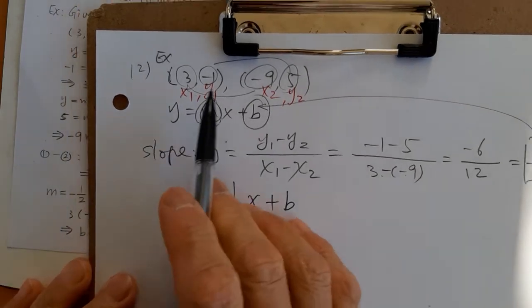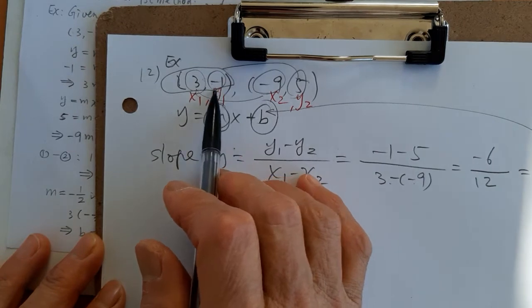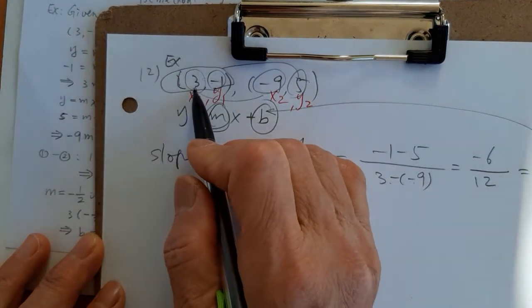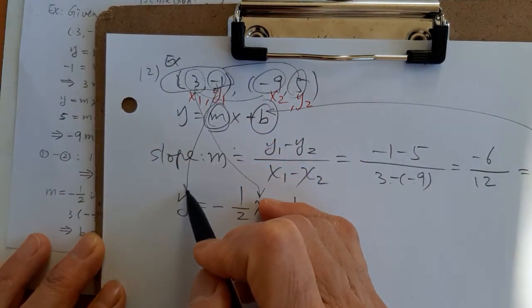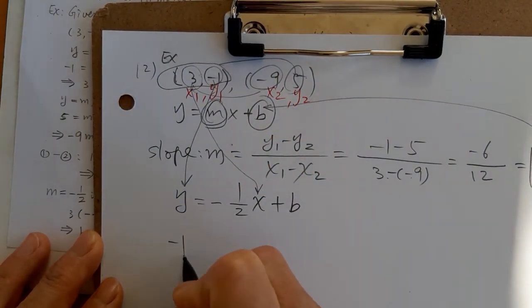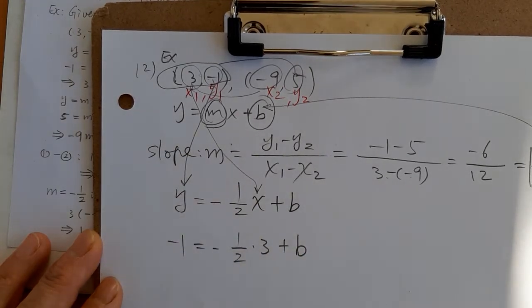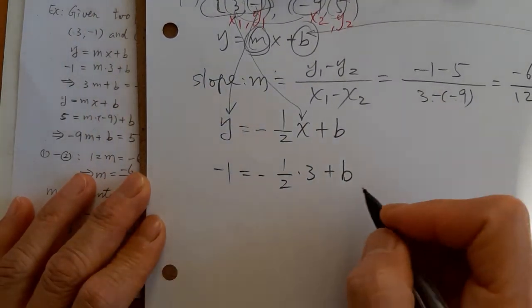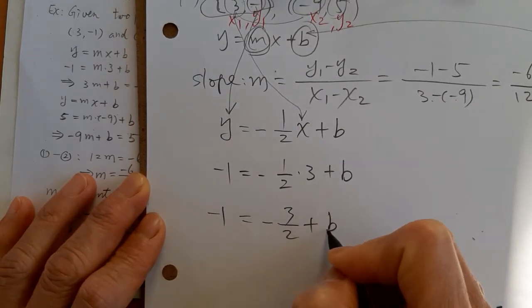Now you use one of the 2 points. Let's pick this first point to get the b. X coordinate is 3, plug it in. Y coordinate is -1, plug it in. So we get -1 equals -1/2 times 3 plus b. So -1 equals -3 over 2 plus b.